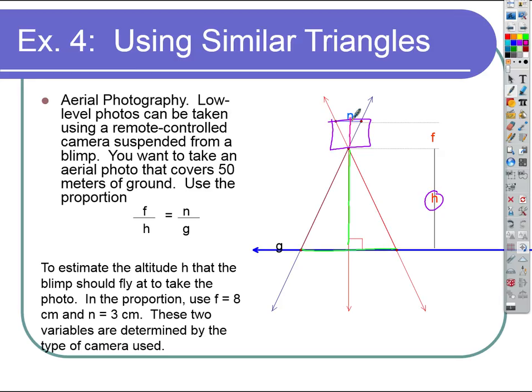So we could say big to small equals big, which is G, over small. The only thing that's unknown is that, so we could solve for it in terms of all the other numbers that we knew. That make sense?